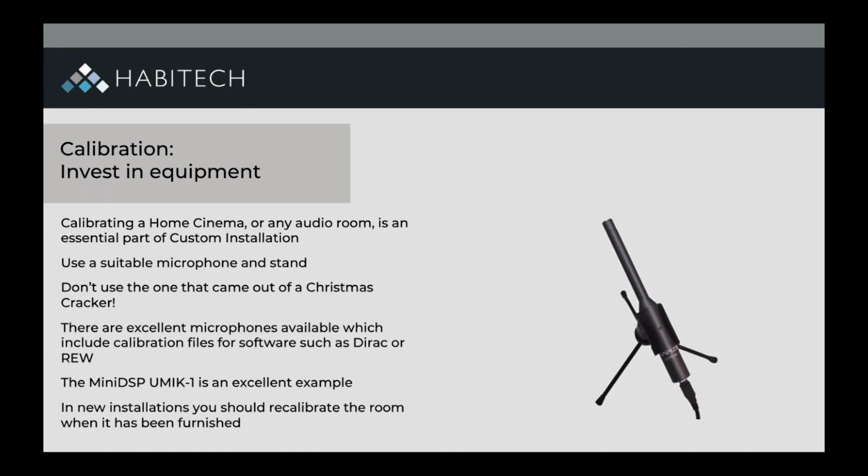How Dirac works, by the way, is that it takes its measurements locally into the laptop that's local to you, and then it uses Wi-Fi to communicate with the servers at Dirac to provide information and get the calculations back, which are then sent by the software into the amplifier. It's really clever stuff. In new installations, this is very important: always recalibrate the room when it's been furnished. Any furnishing change is going to change the room.